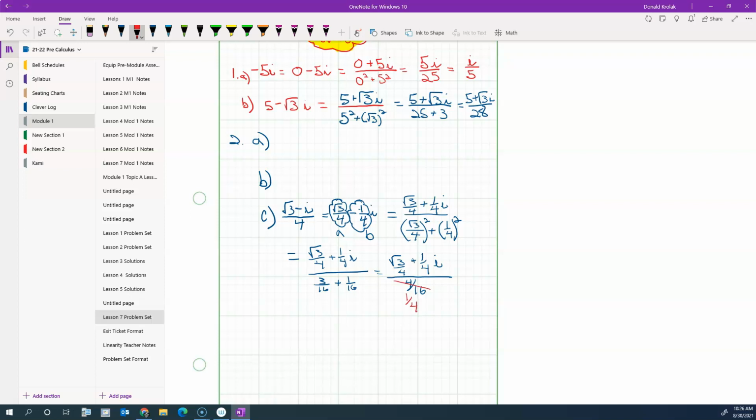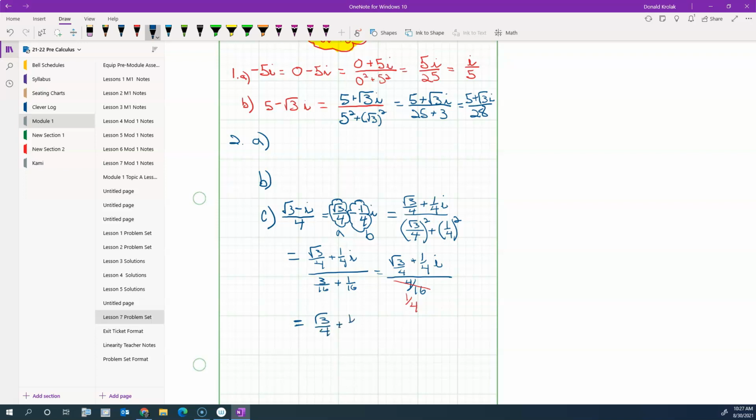All right, and now how do you simplify that? You've got fractions in the top and fractions in the bottom. This means divide by 1/4, which would be the same as multiplying by 4 over 1, right?